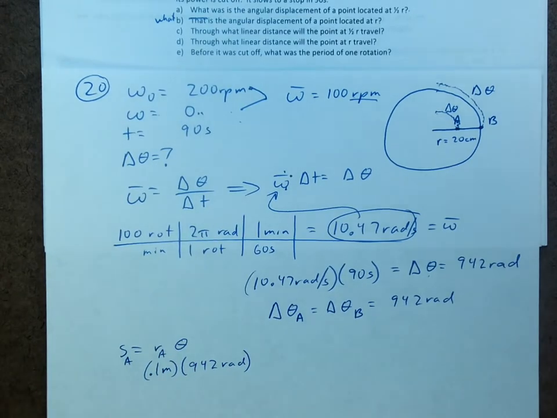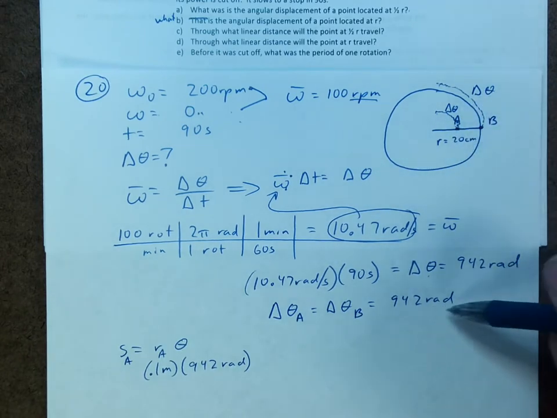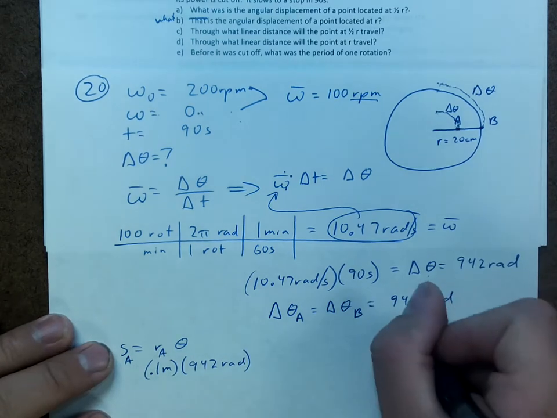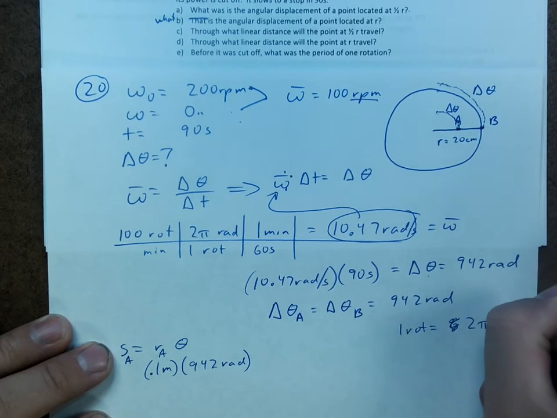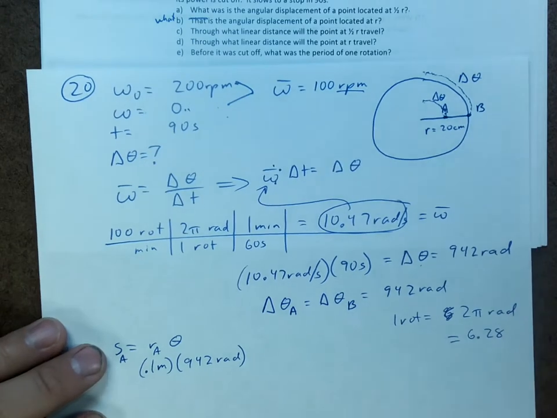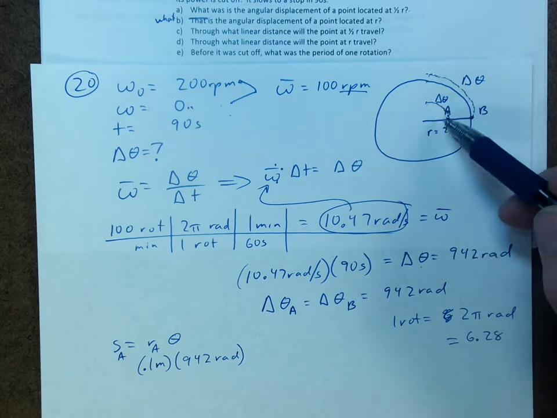Now, my drawing up here is just a representation. In reality, guys, we know that one rotation is 2 pi radians, which is about 6.28. So when we say something moves through 942 radians, it's going a lot further than this.